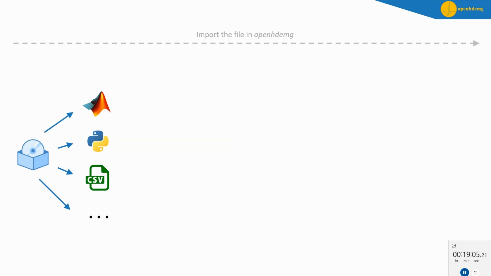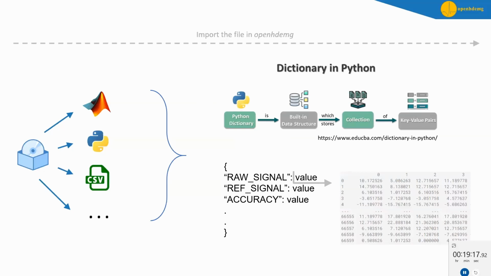openhdemg wants to be interfaceable virtually with any data source. Obviously, this poses a lot of challenges for the functioning of the library. And this is why we need a common data structure where all the data that we import will converge. We are using Python, therefore we need to use a data structure that is compatible and well functioning in Python.